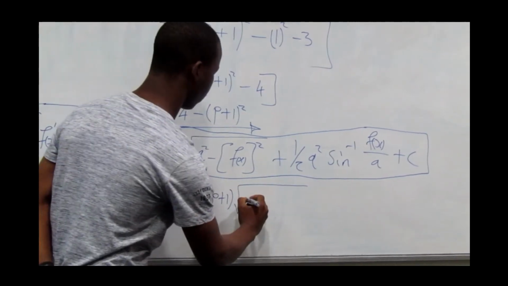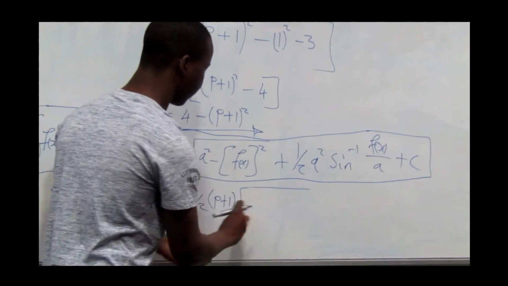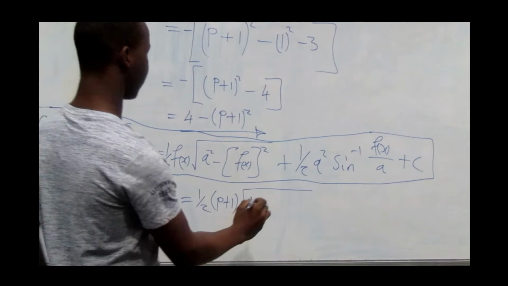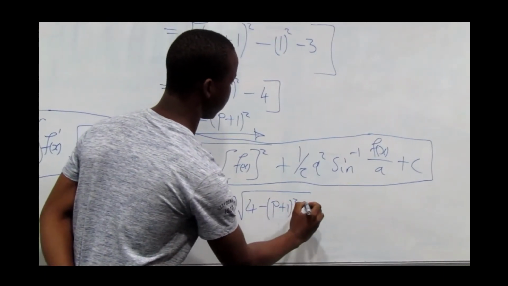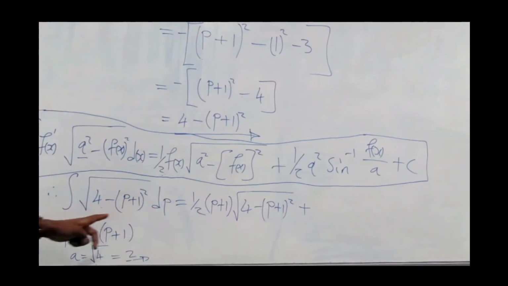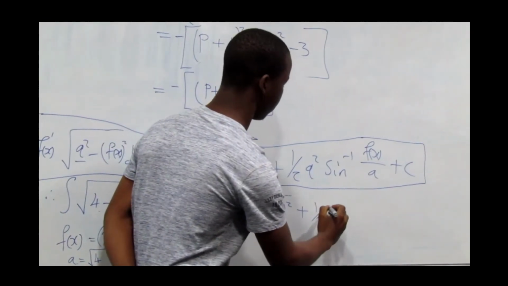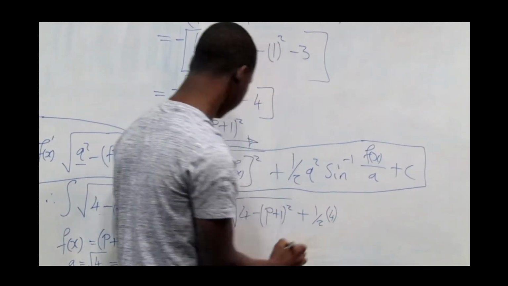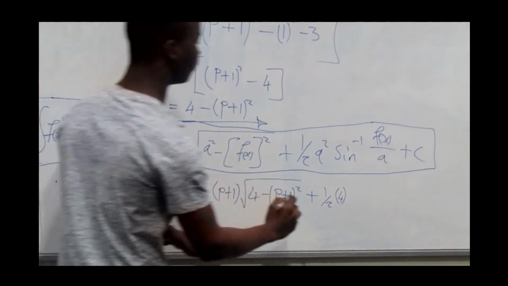We say 2 squared, which you can simplify to 4, minus our f of x, p plus 1 the whole square, plus half a square, which is half of 4, since a is 2 and 2 squared is 4.